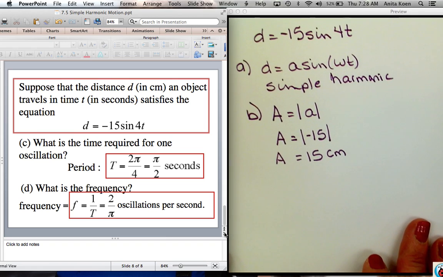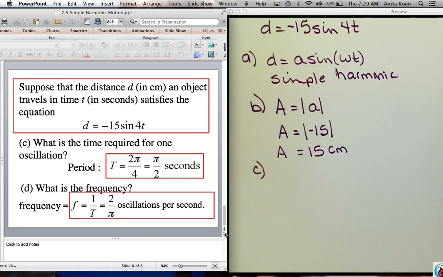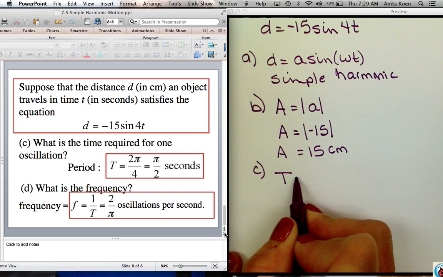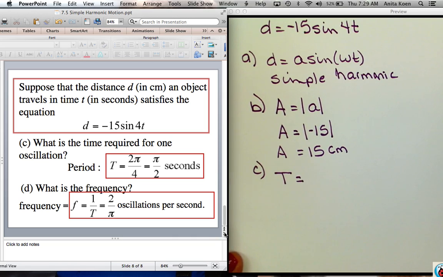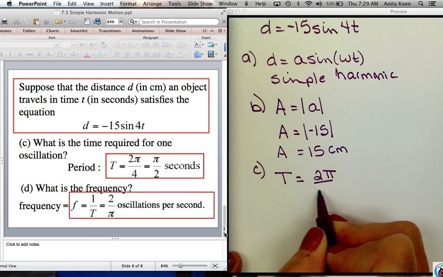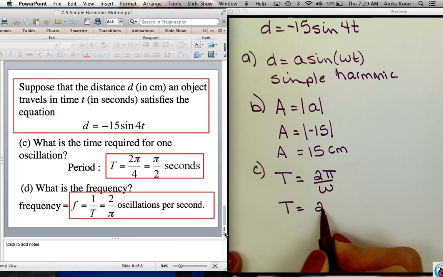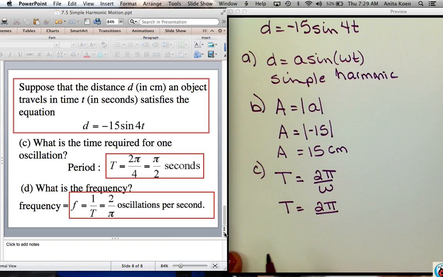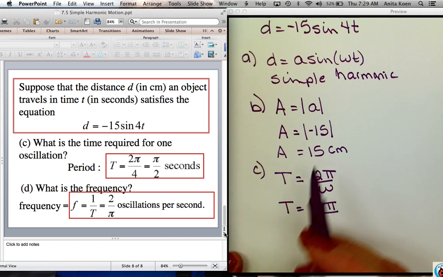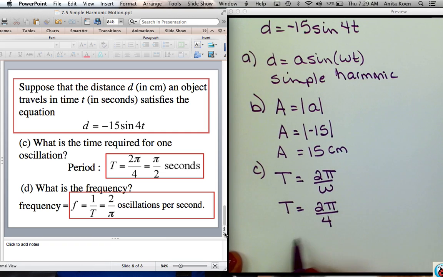Letter C says, what is the time required for one oscillation? Well, I know the time required for one oscillation is the period. I know the formula for the period is 2 pi divided by omega. So the period here is 2 pi divided by omega, which in this particular problem is 4. So the period is pi over 2.